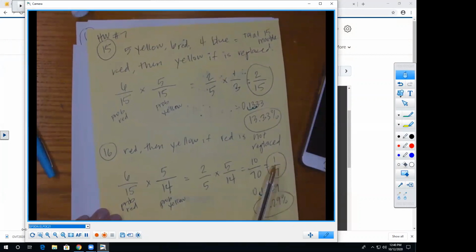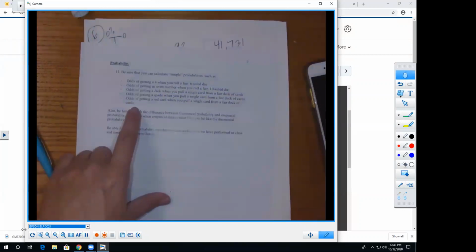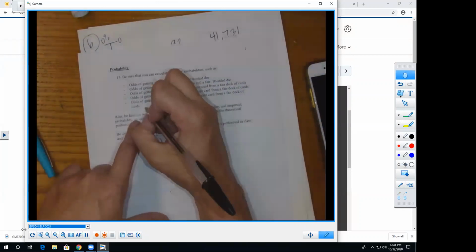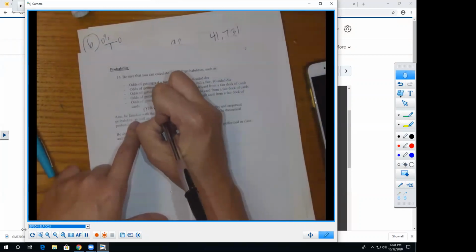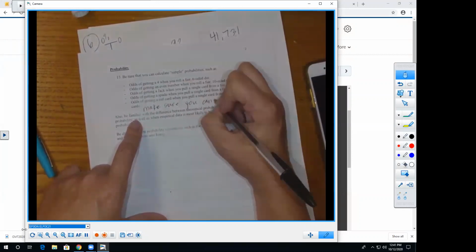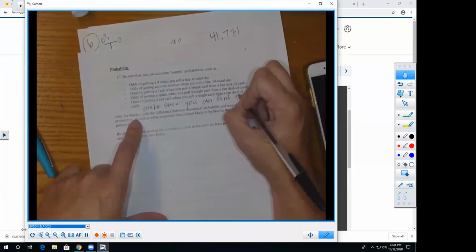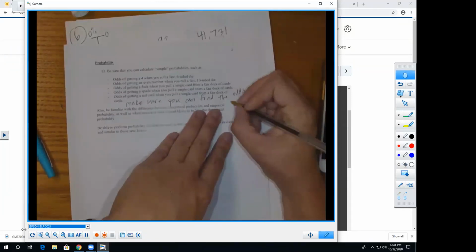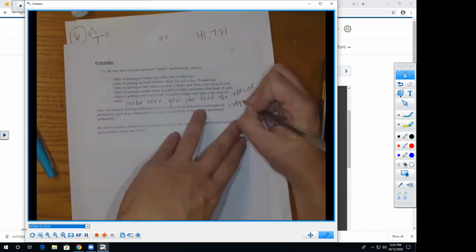You said on number 13. Yeah, those are all the odds of the different things. So for here, make sure you can find the odds of, those are called independent events.